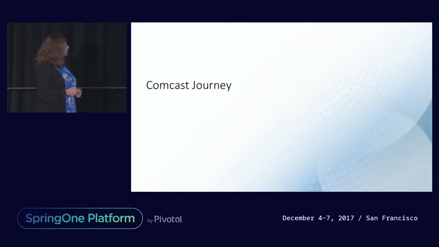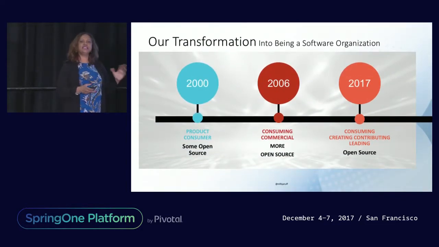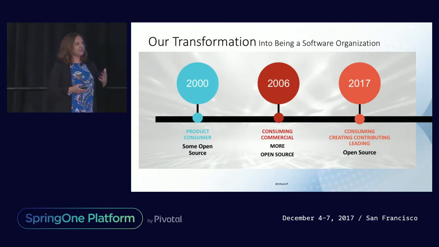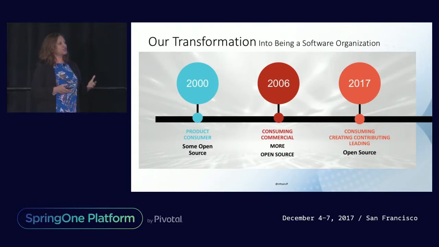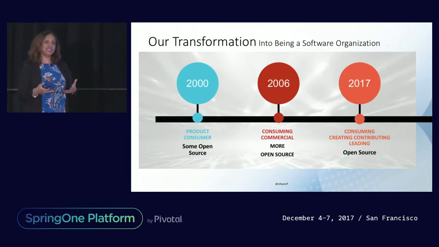So one of the first things that I wanted to share with you is a timeline of our journey to becoming more of a software company, more of a technology company. It really started around the turn of 1999, 2000, when we were consuming some open source software and some software that we were modifying, but mostly we were buying off-the-shelf products from vendors and implementing them, like many of us, right?